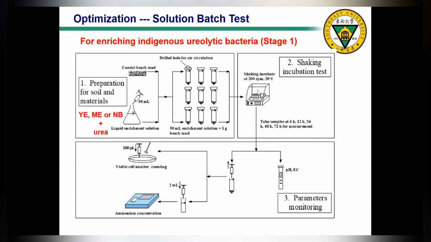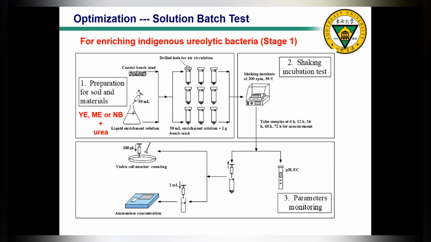When they are mixed, they are subject to shake incubation for different periods, and then the samples are subject to pH, electrical conductivity, and ammonia concentration measurement. Also, we performed the viable cell number counting.